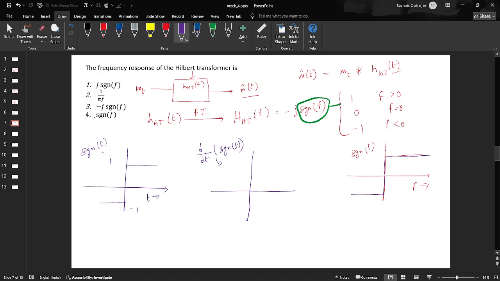Tell me, for a slightly positive f, let's say slightly more than 0 onwards, what is the rate of change? It is going to be 0 only, right? Because it's going to be constant across the whole regime. Across the entire positive frequency range, it takes a constant value.